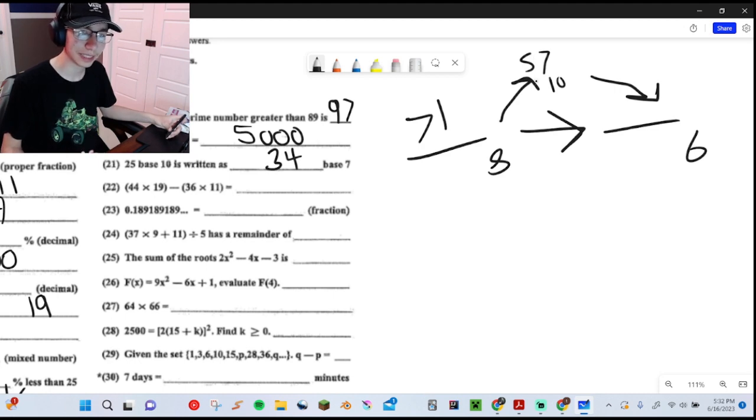Now to get it to base 6, I repeatedly divide. So 6 goes into 57 9 times with a remainder of 3. So I write the 3, and I keep dividing. 9 divided by 6, that's 1 with a remainder of 3. So I write the 3, and 6 doesn't go into 1, so I write down the 1, and that's my answer.